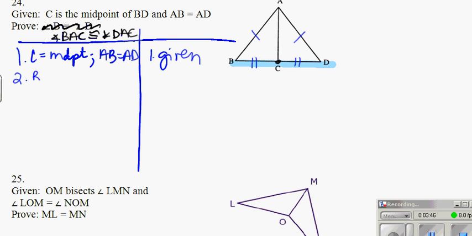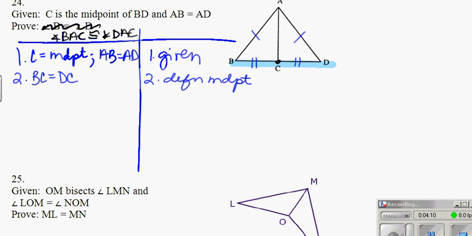So I'm always going to use my given to write a step somewhere. They don't give you unnecessary information. And those two are equal by definition of midpoint. Now at this point I have a choice. There are two ways to do this. I could say that B and D are equal by the isosceles triangle theorem and conclude the triangles are congruent by angle, side, angle.